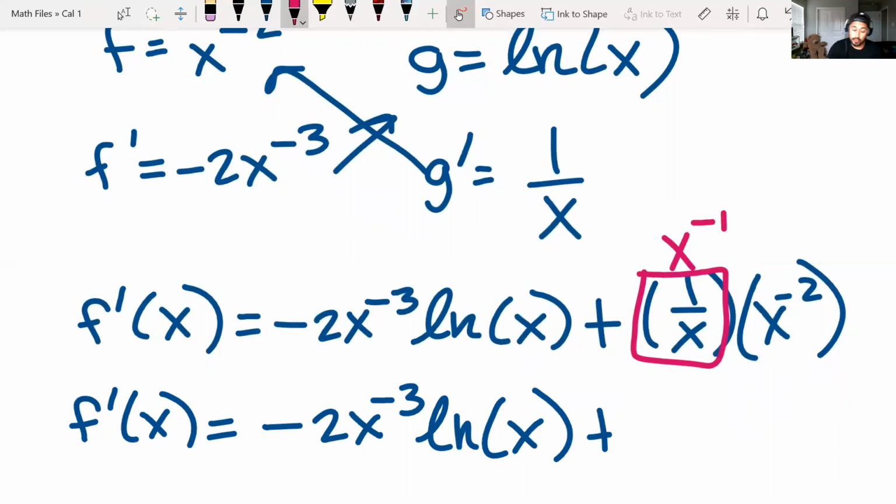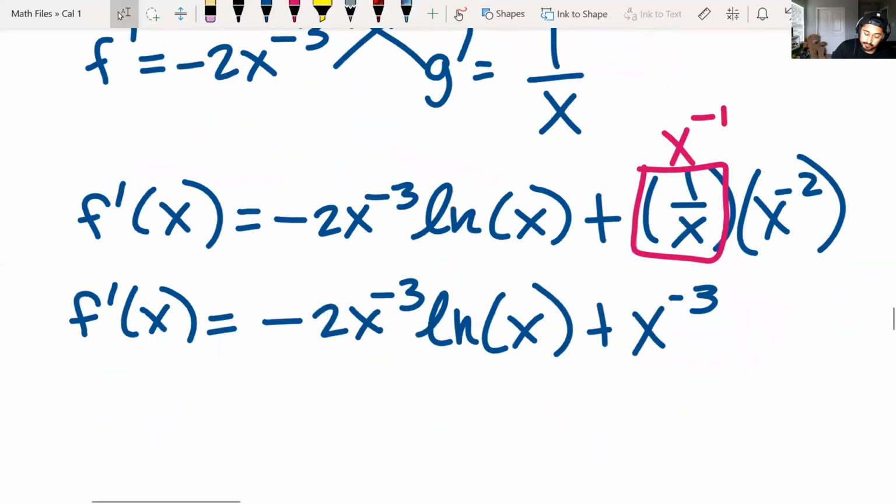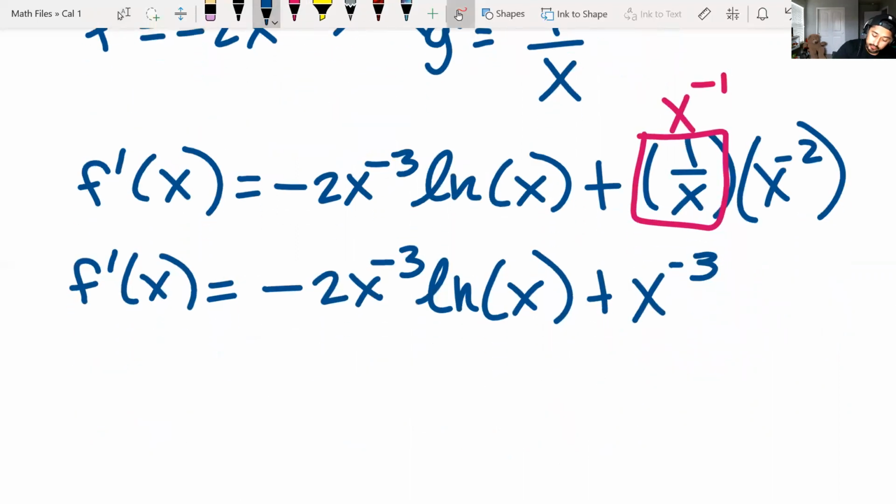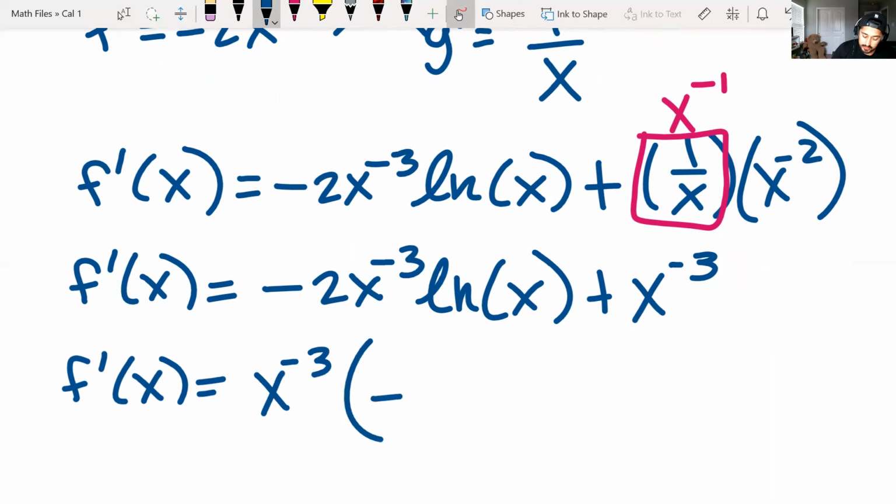So x to the negative 1 times x to the negative 2 is x to the negative 3. Do you see something we can factor out? Of course. F prime of x, I'm just going to take out an x to the negative 3. And that leaves me with negative 2 natural log x plus 1.